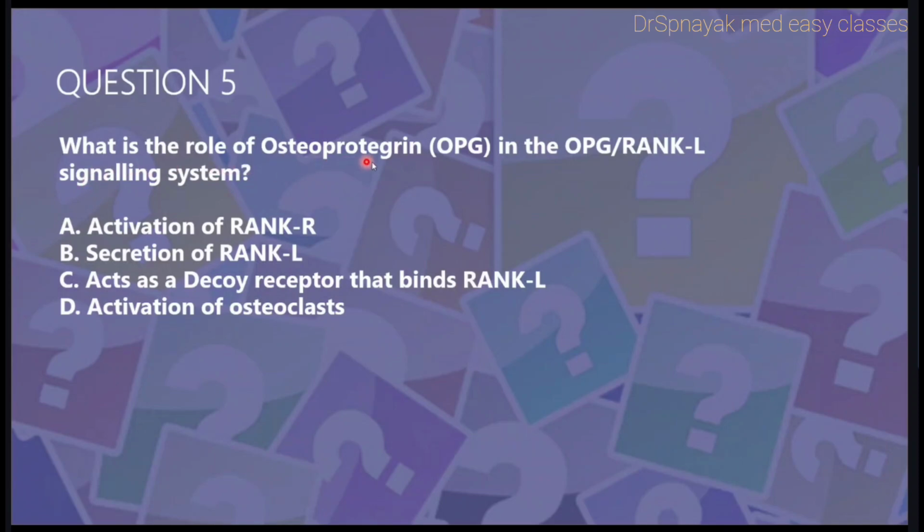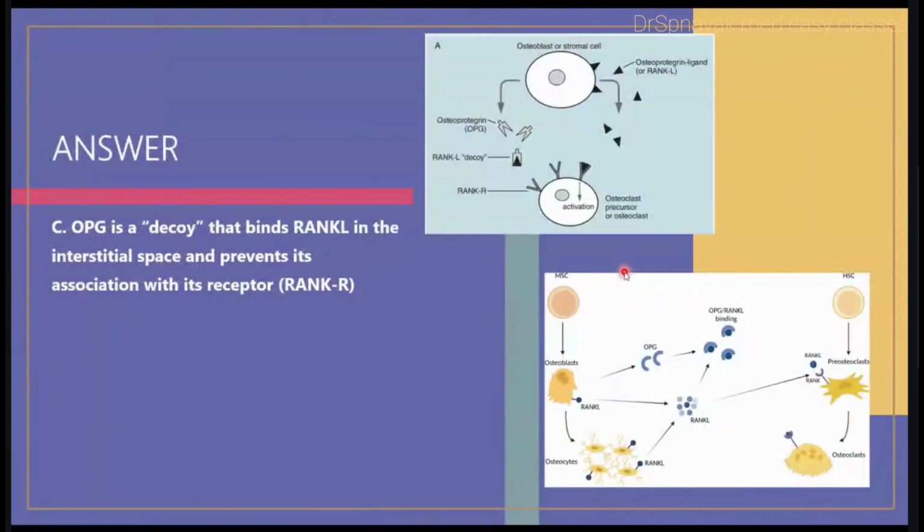What is the role of osteoprotegerin, or OPG, in the OPG-RANKL signaling system? The options are activation of RANK, secretion of RANKL, it acts as a decoy receptor that binds RANKL, or activation of osteoclasts. First, let's learn a brief about the OPG-RANKL signaling system.